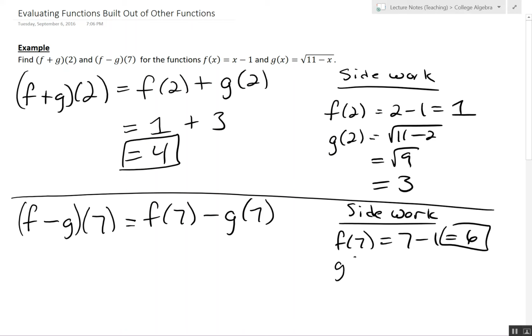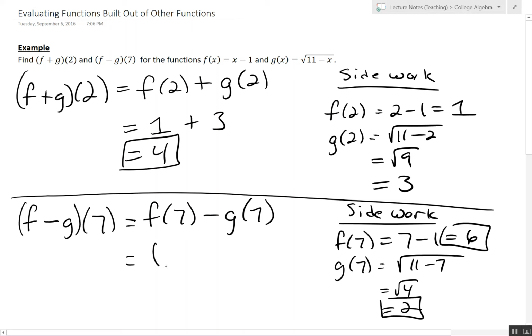Then we need g of 7, which is the square root of 11 minus 7, which is the square root of 4. And again, it's just the positive 2. So this is going to be equal to 6 for the f of 7 minus 2 from the g of 7, and that simplifies to be 4. So that's how addition and subtraction work.